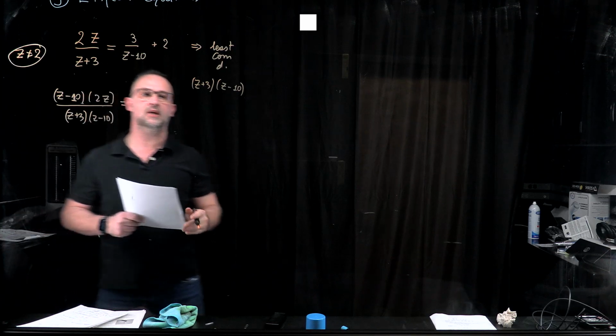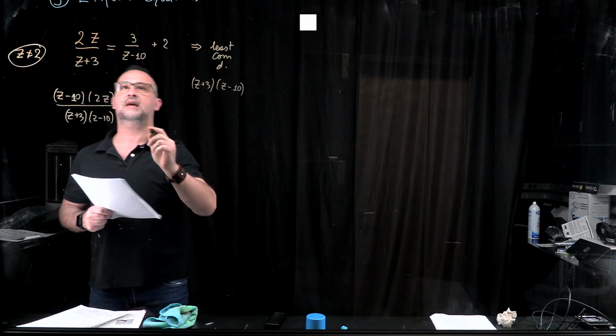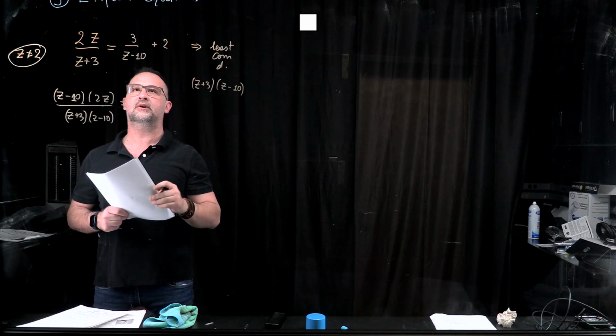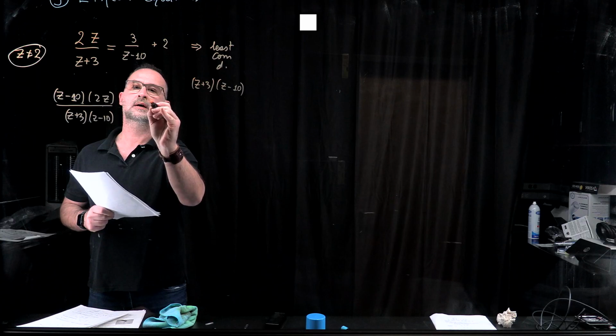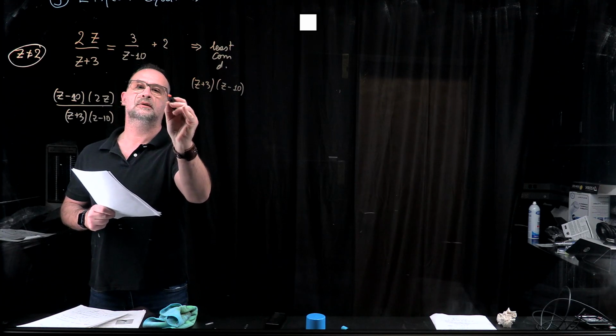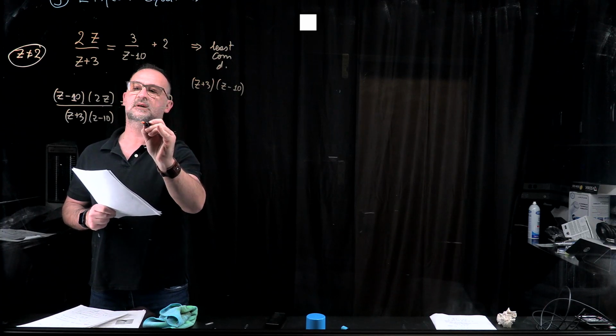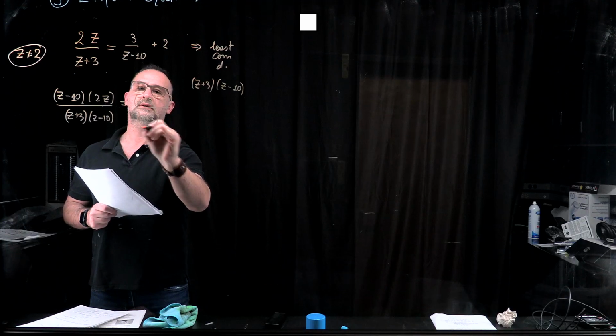And that's good. It's going to be equal to, here, the same, we multiply numerator and denominator by z plus 3 times 3, numerator, and divided by z plus 3, z minus 10.